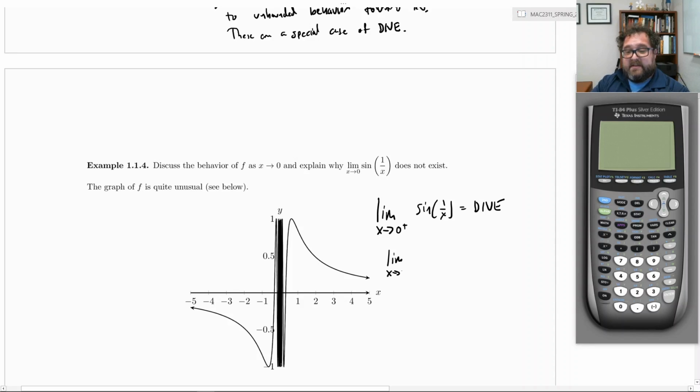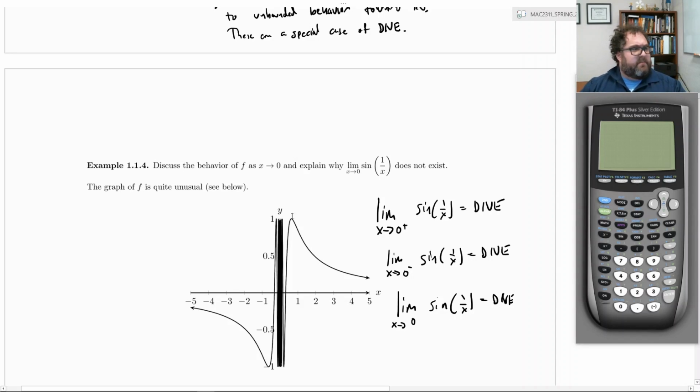The limit as x approaches 0 from the left of sine 1 over x does not exist. And then from both sides, of course, that would have to be the logical conclusion, the limit from both sides also does not exist. We will not see this one very often, but it's something you need to be aware of.